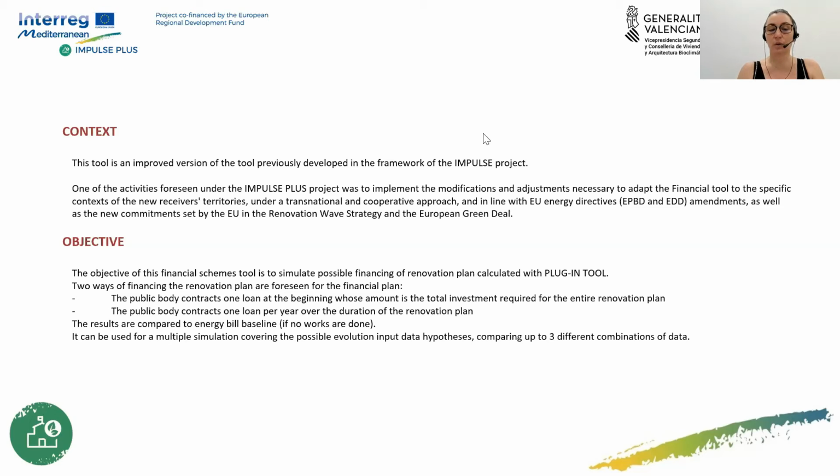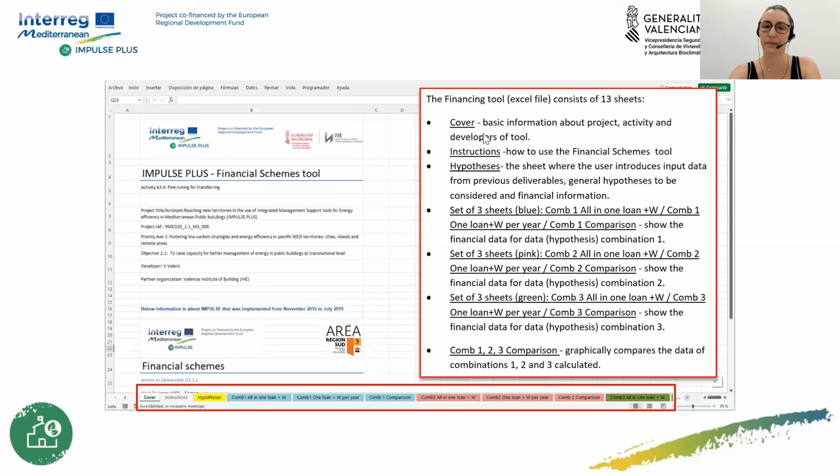And it can be used for a multiple simulation covering the possible evolution of the hypothesis that we are going to define, giving us the possibility to compare up to 3 different combinations of data. In this tool, we will find up to 13 worksheets.